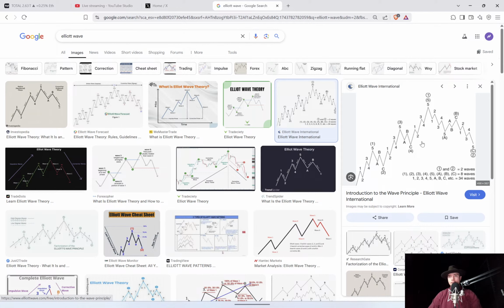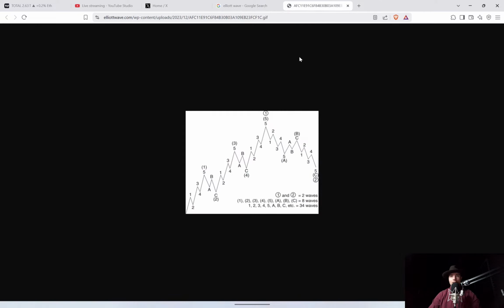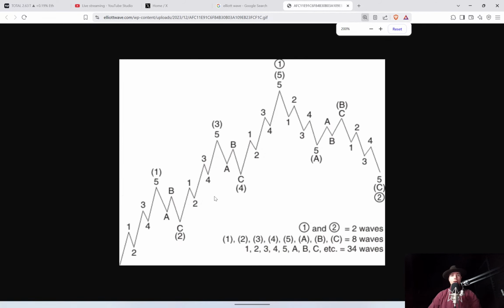As you can see, this is basically the way Elliott waves work. Let's pull up a full-sized version of this and zoom in a little bit here. Elliott wave is a fractal, and it's a repeating fractal.